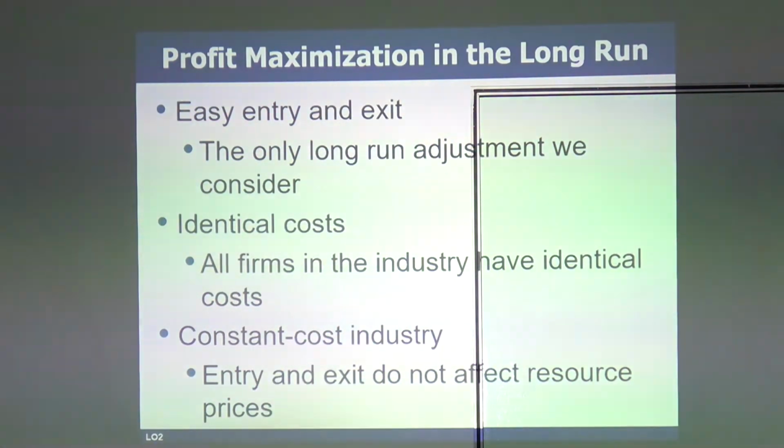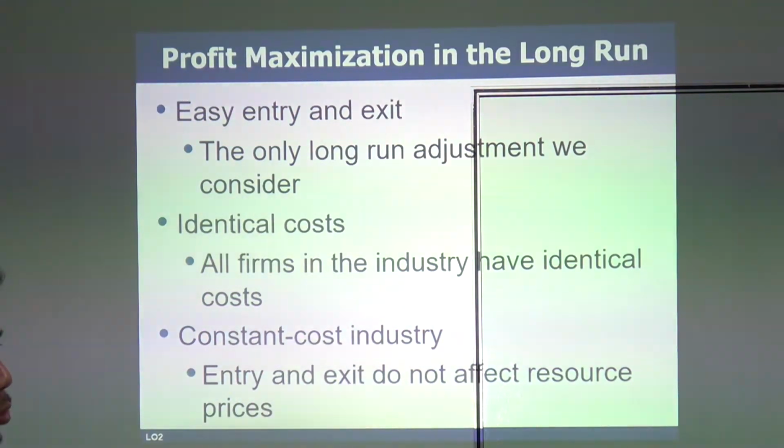This is one important feature of a purely competitive market, which is free entry and exit. Let's say we assume that entry and exit is the only long-run adjustment that we consider in our analysis, and we assume that all sellers in a purely competitive market have identical costs.